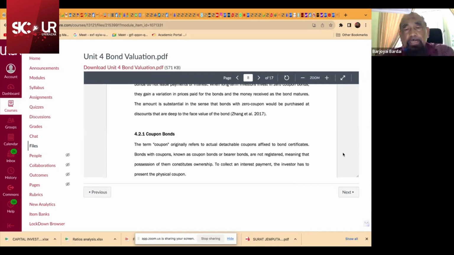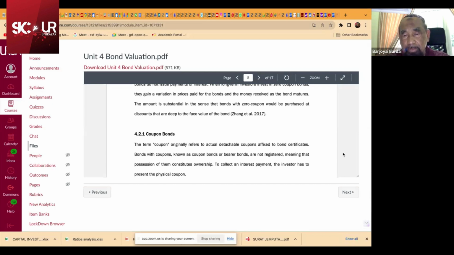Basically, anybody can hold this bond and transact it in the market. So it is like money, except that it has a specific maturity date and so on.